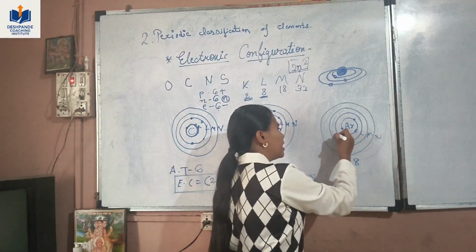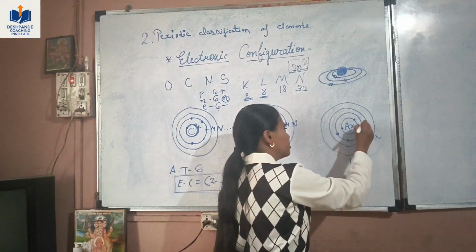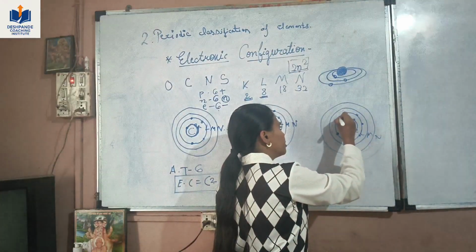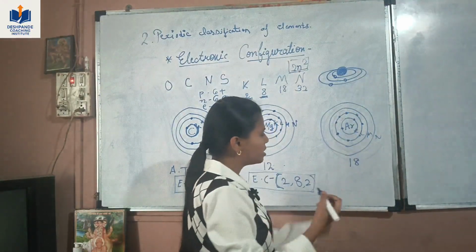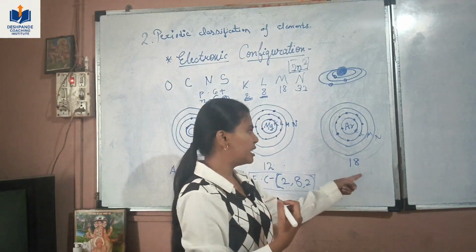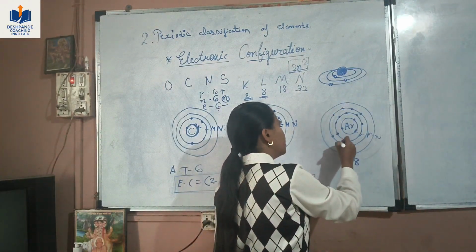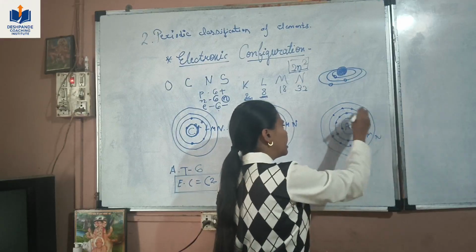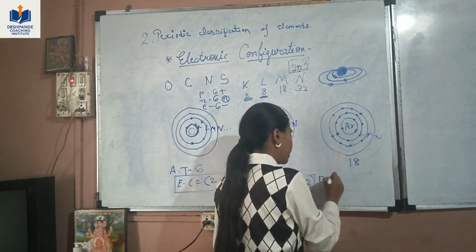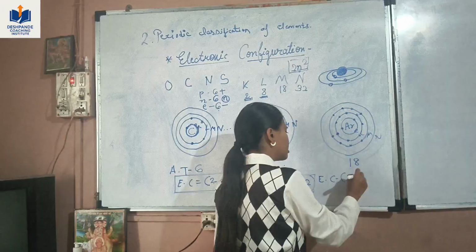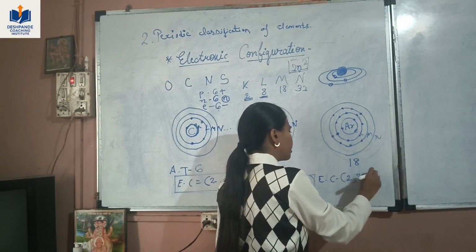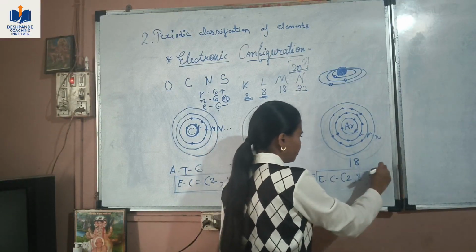L has a capacity of 8 electrons, so 8. In total there are 10 electrons, so we are left with 8. 18 minus 10 is 8. We fill 8 electrons in the M shell and now it is filled. So the electronic configuration is 2, 8, 8.